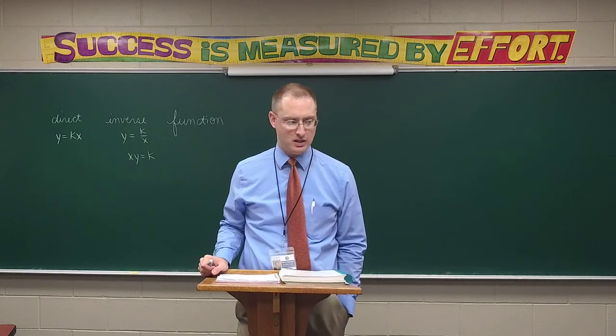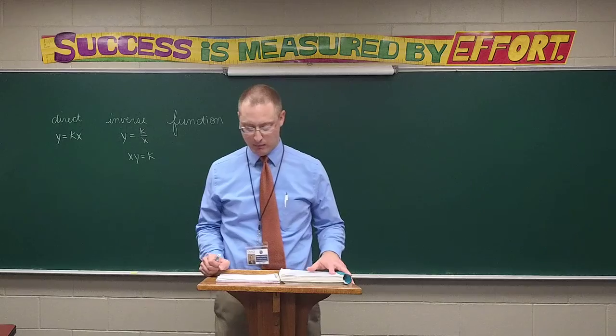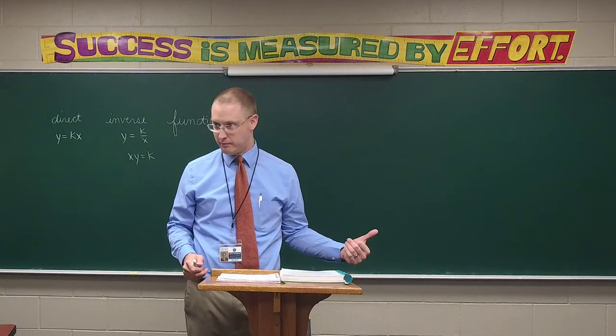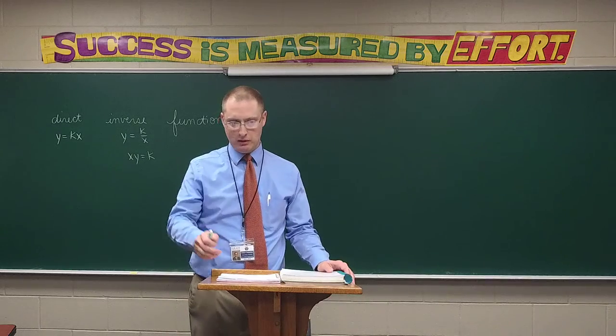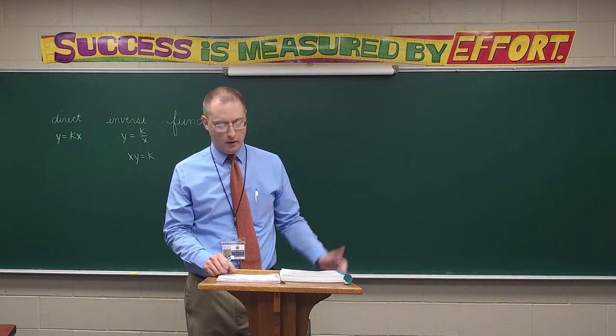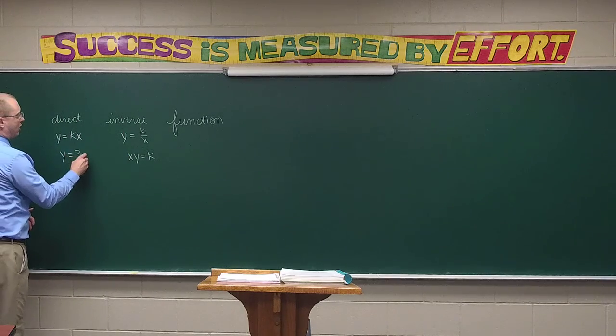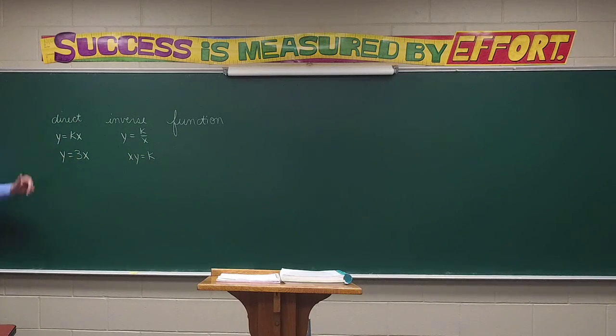Of course, we'll abbreviate IV and DV there. In other words, you put in 1, you get out 1. You put in a number, it spits out a number. For instance, if we have the equation y is equal to 3x, let's just suppose our constant of variation is 3.